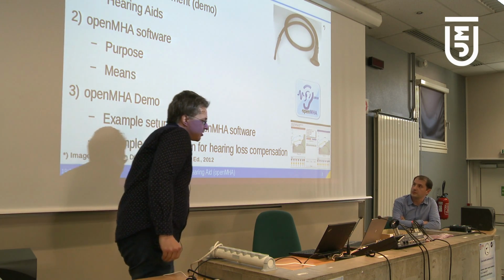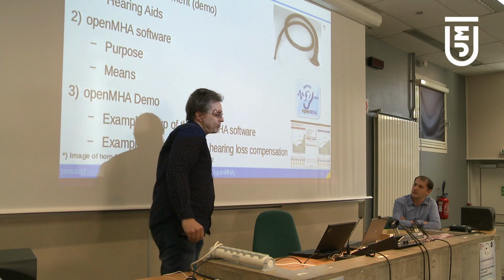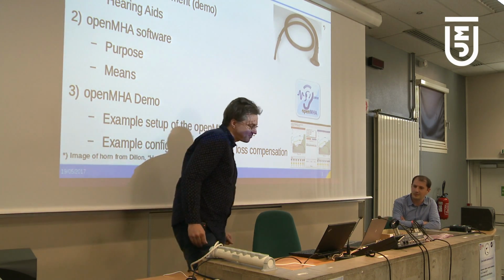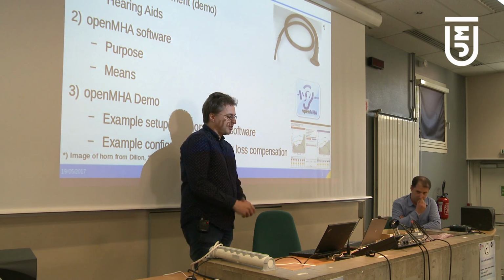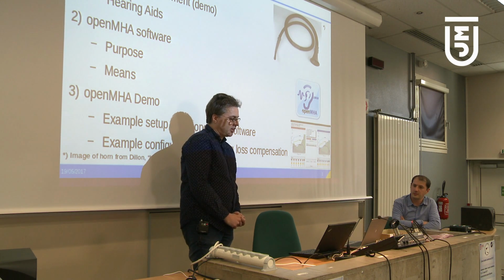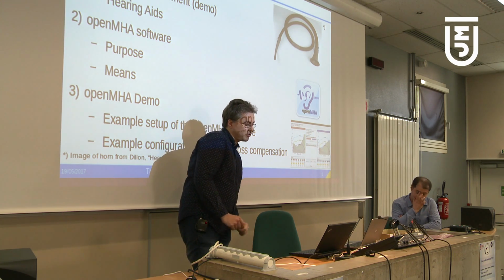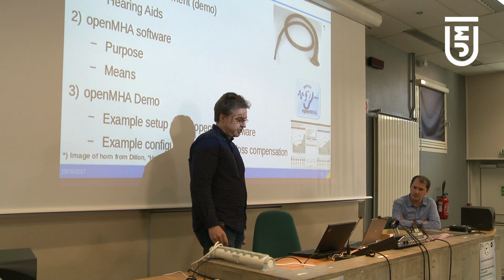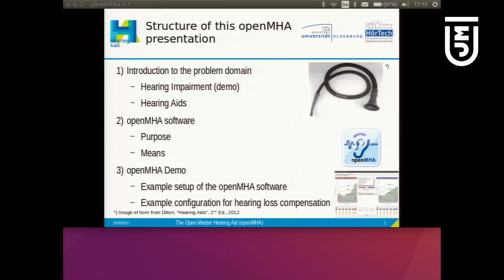This slide is titled Structure of this openMHA presentation. The title is up there. But this presentation will take place in 3 parts. I will present the first part, introduction into the problem domain, what is hearing impairment, and how do hearing aids help.